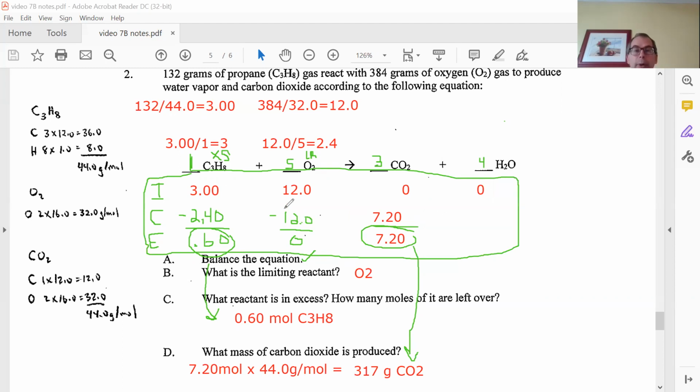I can also go through my limiting reactant to determine the amount of either product. In this case, we asked for CO2, so I go 12 times 3 over 5, and that gives me 0.72. And that 0.72 moles, I take that, but I'm asked for mass, so I got to multiply by the molar mass of CO2, and that gives me the 317 grams.